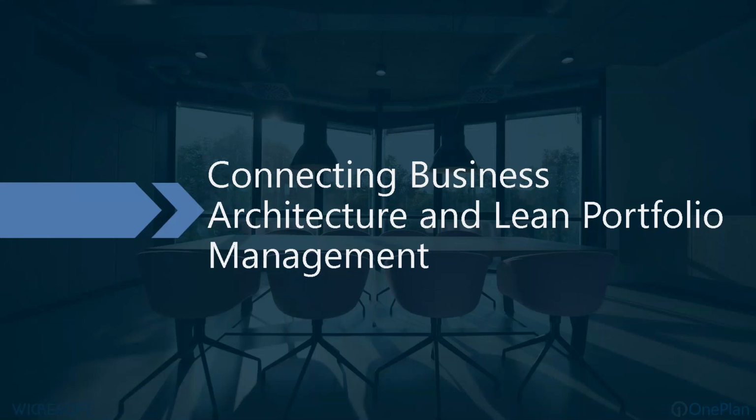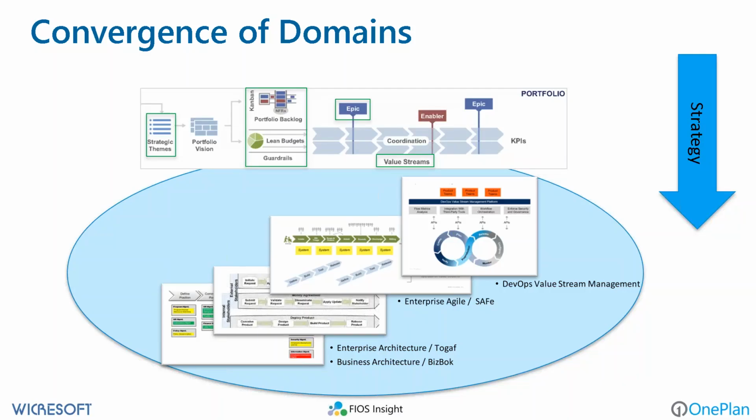So our first topic is really connecting business architecture and lean portfolio management. I'm just going to talk about some of the themes and domain elements that allow for this connection. On the very top, we have lean portfolio management. We've seen this before. It's within Scaled Agile Framework 5.0 for lean enterprises.